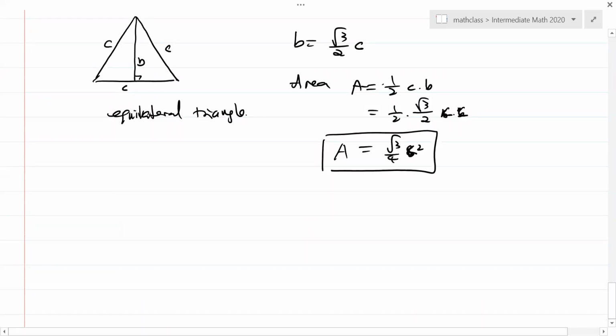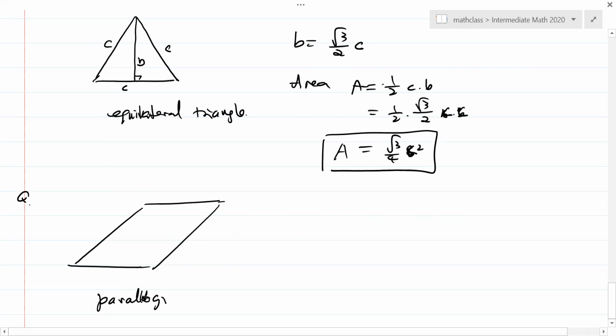So this is a right triangle. Let's do something using the special equilateral triangle. I have a parallelogram, and I know this angle is 30 degrees. If I know this side is 3 and that side is 5, what is the area?